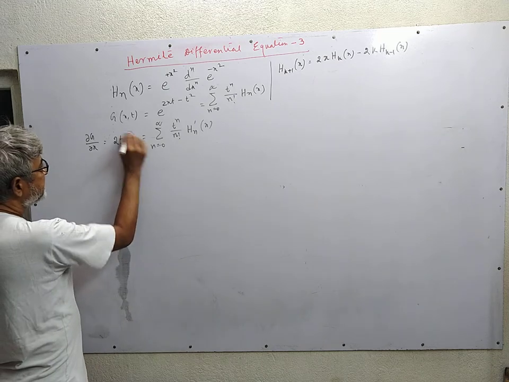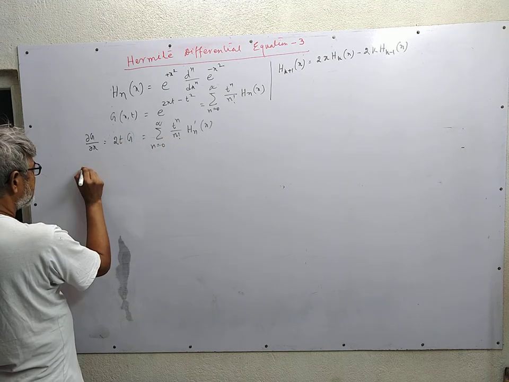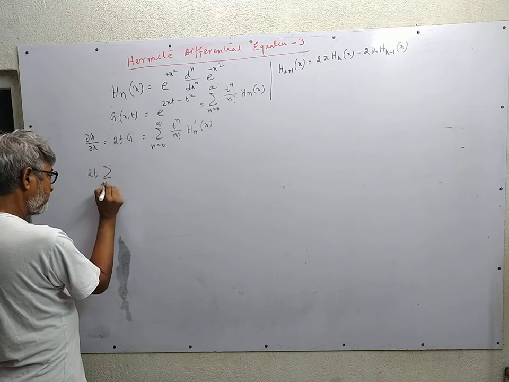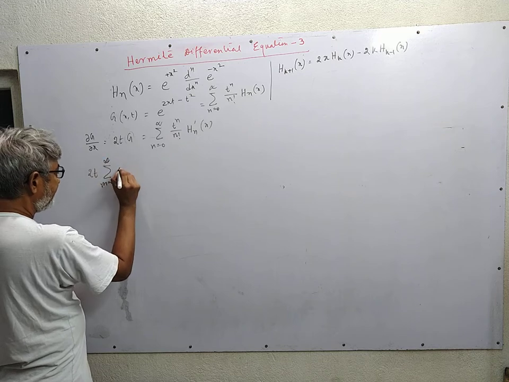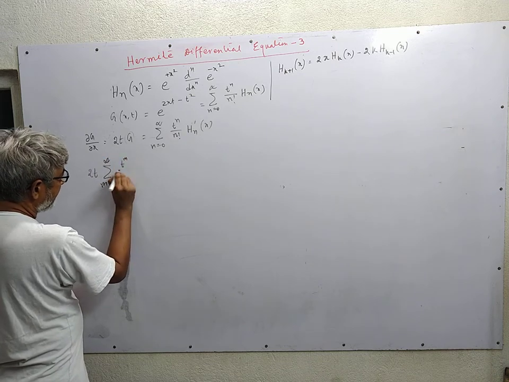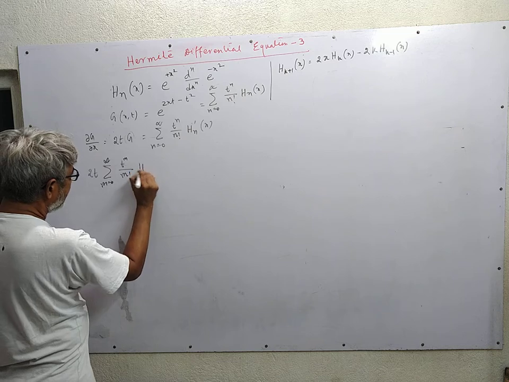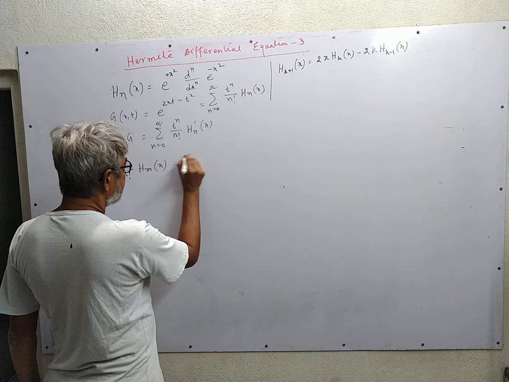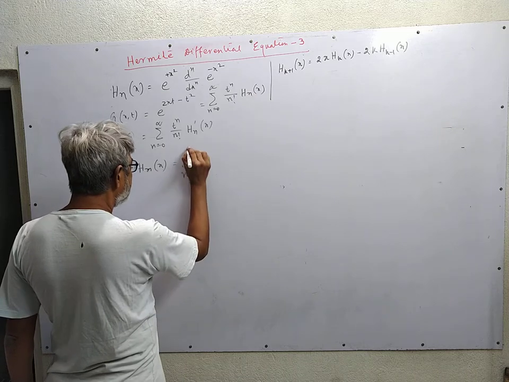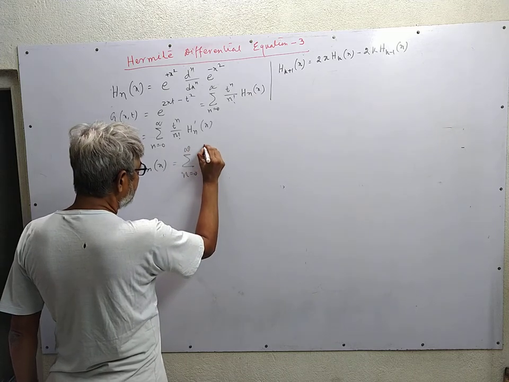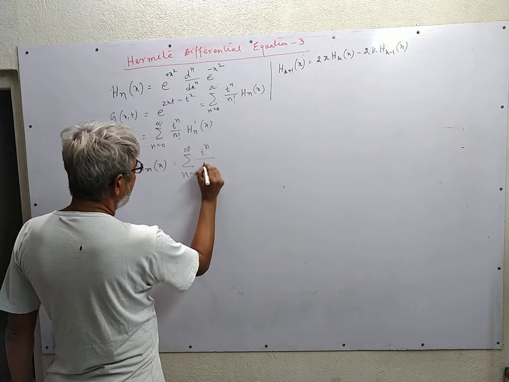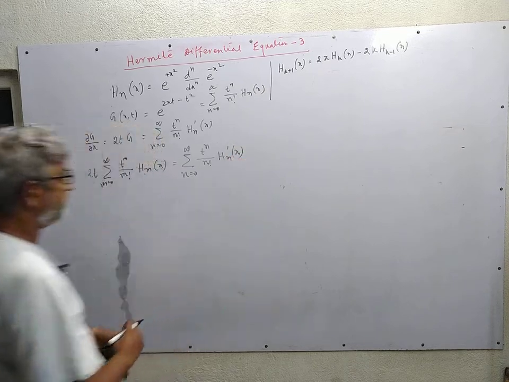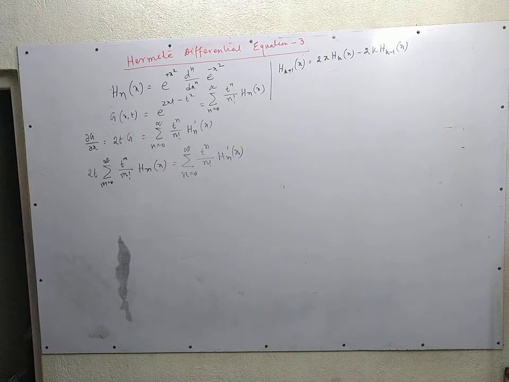We replace this g by another such expression, so we get twice t summation over m is equal to 0 to infinity t to the power m over m factorial Hm of x is equal to summation over n is equal to 0 to infinity t to the power n over n factorial Hn prime of x. So again, this is an identity in t.